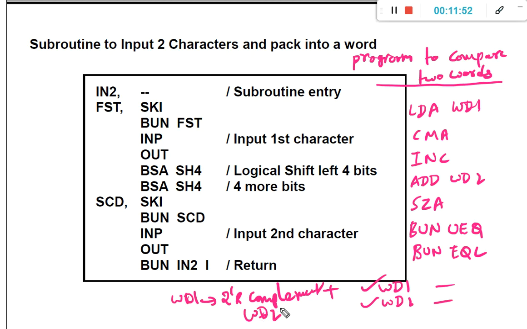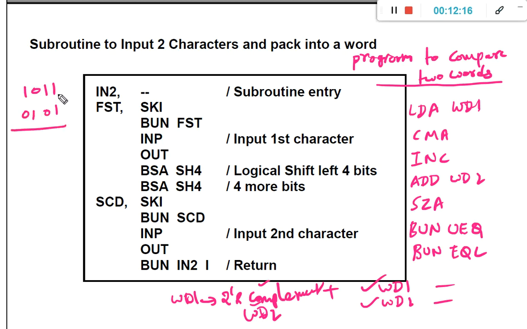If they are equal, what should be the result? The result should be 0, because it is a negative number and a positive number with the same value, so the result will become 0. For example, take a word 1011. Now what is the 2's complement of this particular value? 1 0 1 0 1.